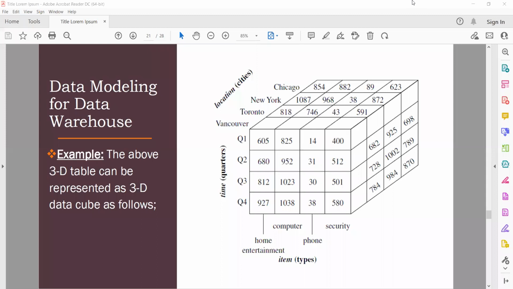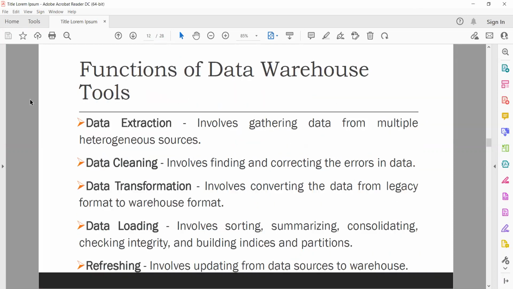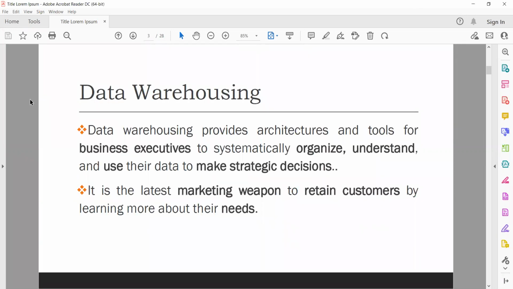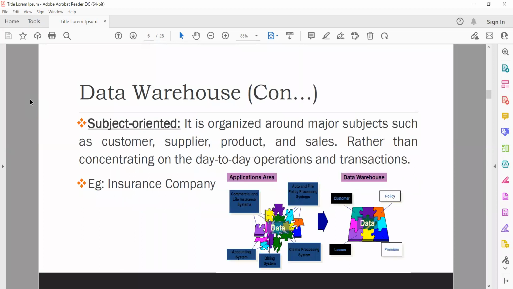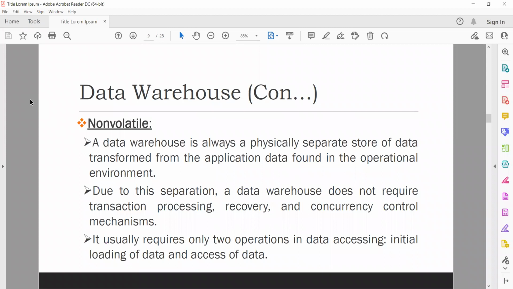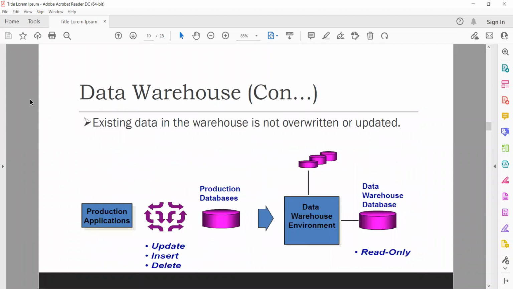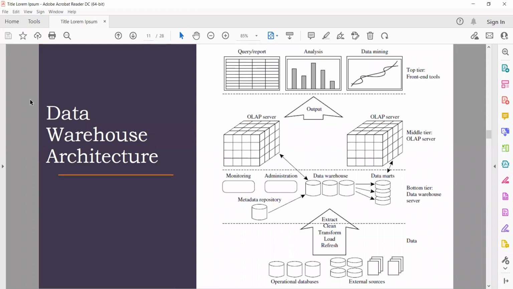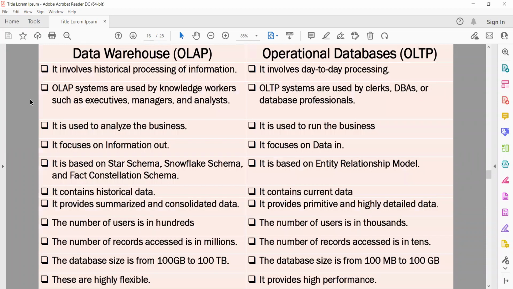Someone tell me whether you can see my screen. Do you remember what we discussed in data warehousing? We discussed what data warehousing is and where we can apply it. What are the important aspects of data warehousing and architecture?